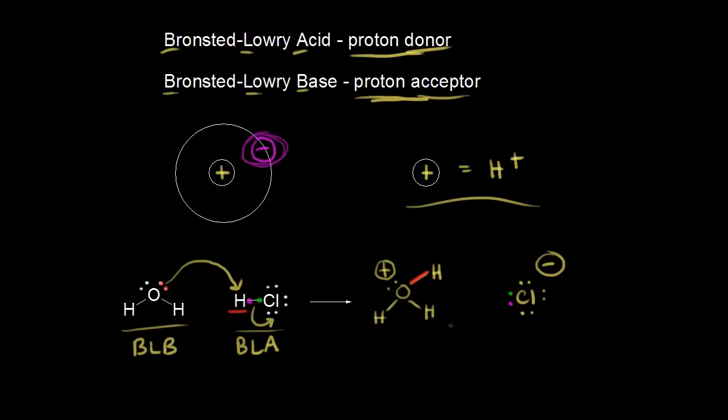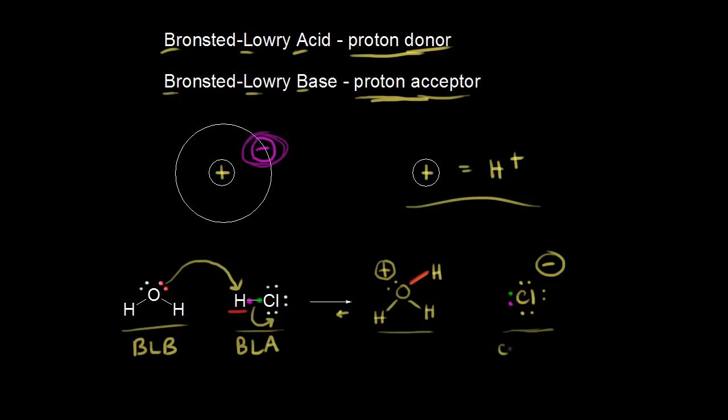Let's think about the possibility of the reverse reaction. If you think about what must happen, the chloride anion must function as a base and pick up a proton from the hydronium ion here. For the reverse reaction, I'll put a really tiny arrow going back in reverse because the equilibrium lies far to the right. But if you think about it in reverse, the chloride anion would function as a base.